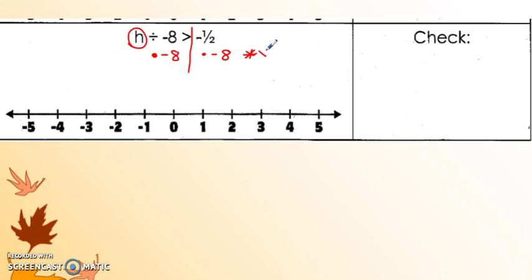Here's the step that I need to look at because I'm multiplying or dividing. Am I multiplying both sides by a negative? And the answer is yes, I am. Therefore, we need to flip that inequality symbol. I am able to cancel out the negative and the 8.